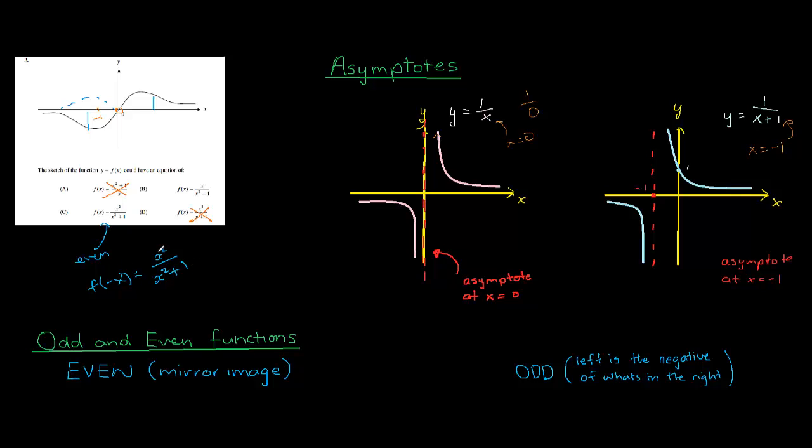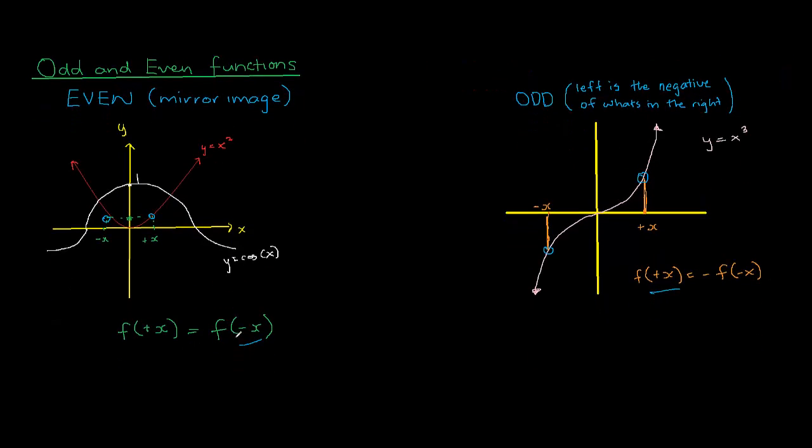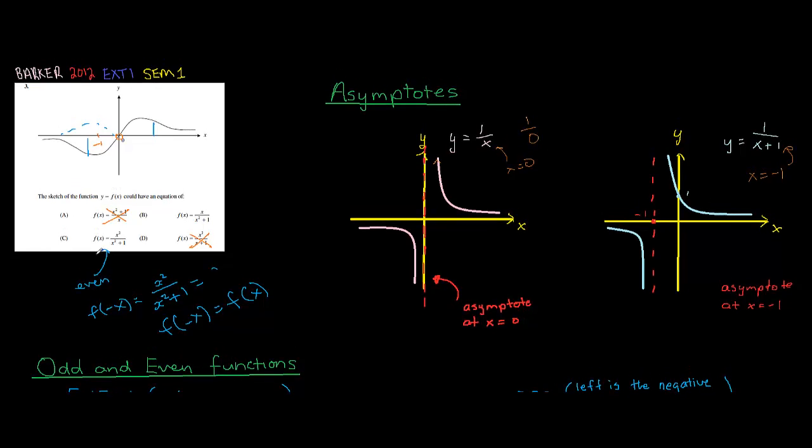So f of minus x is exactly the same as f of x. So we get f of minus x equals f of x. And remember from down here, that was the condition for an even function. f of plus x equals f of minus x. So this is an even function, this one here. But the graph is an odd one. We've just talked about why it's an odd one. So it's got to be B.